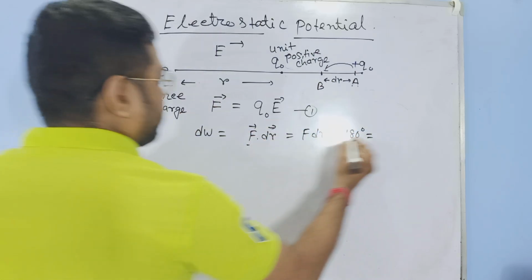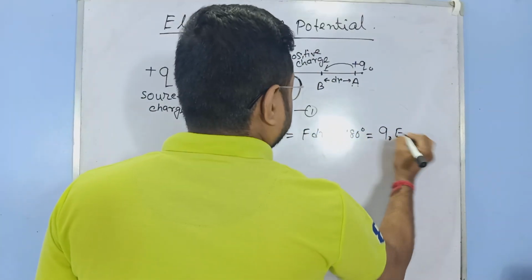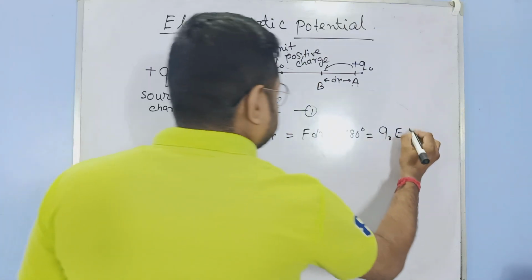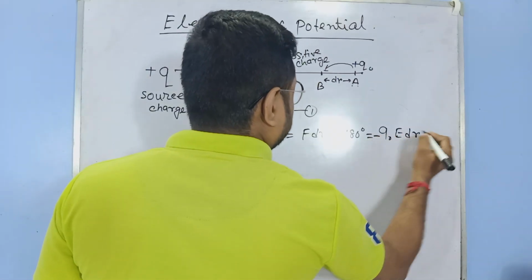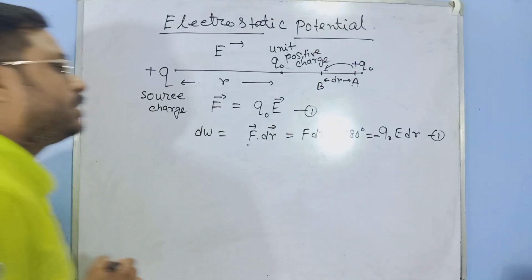Putting the value of F as Q0 E, and cos 180 as minus 1, we get minus Q0 E dr.